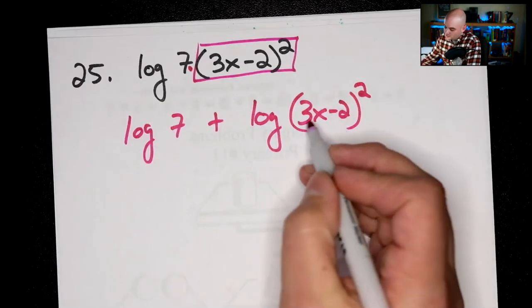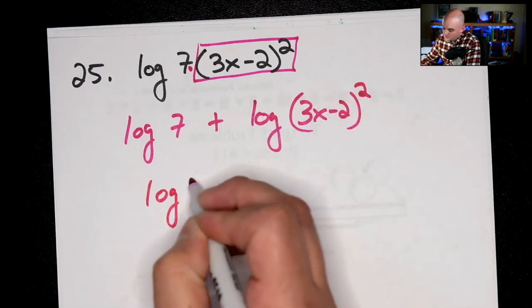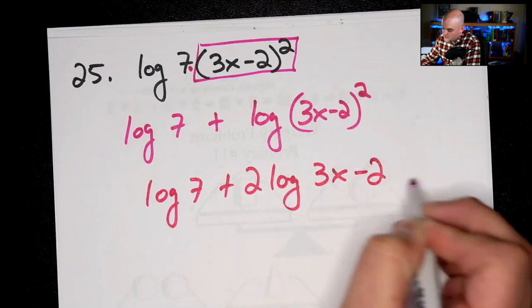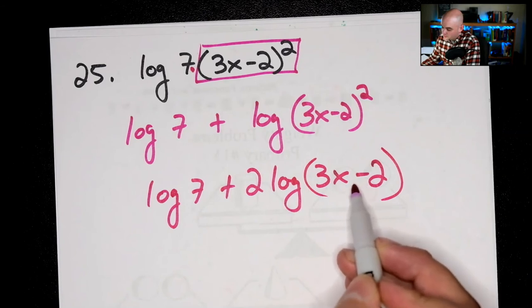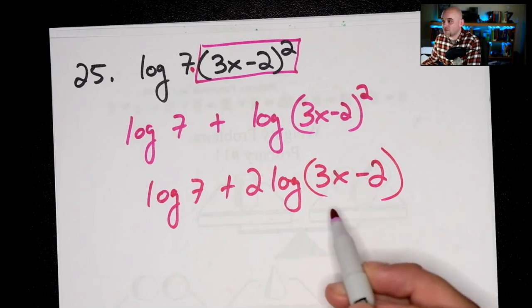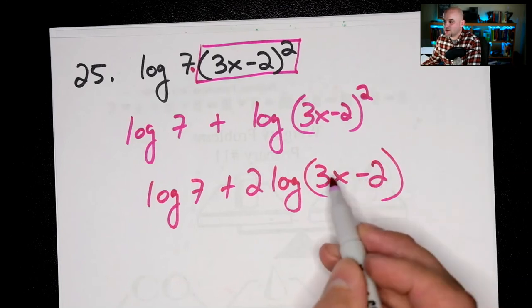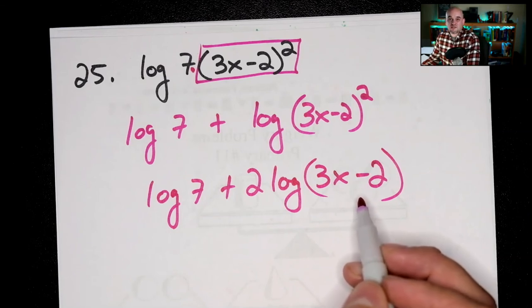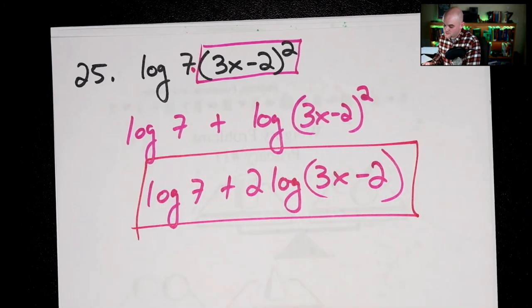And notice everything in here is being squared, so in this case I can move the 2 out front. So the log of 7 plus 2 log of 3x minus 2 in here. Don't get it confused with when we're dividing and we can separate them using subtraction. I can't do that in here. This is saying log of 3x minus 2, and I'm stuck there. All right, so that's where I'm going to stop here, and that's the answer to number 25.